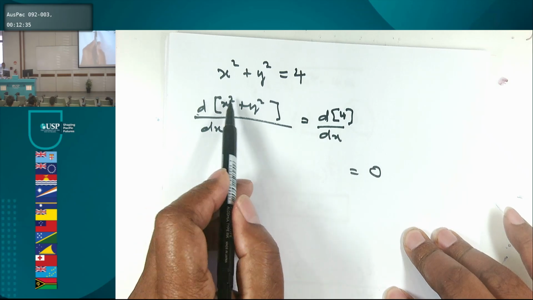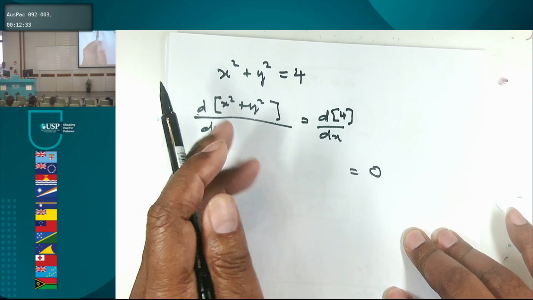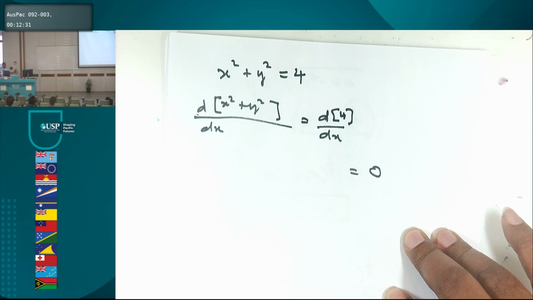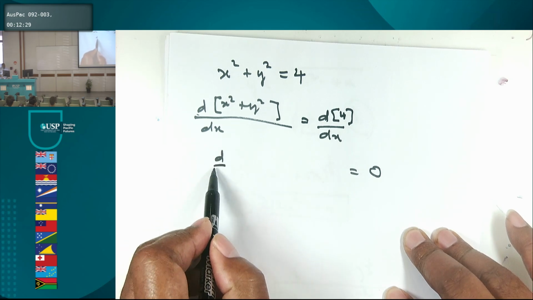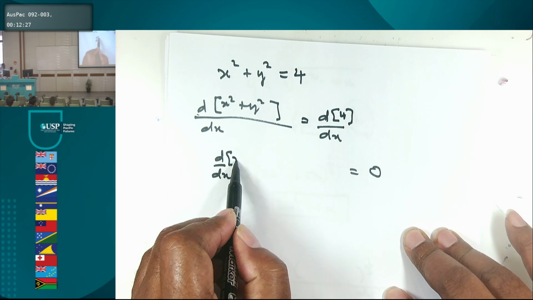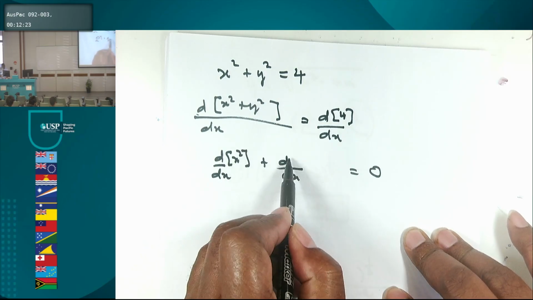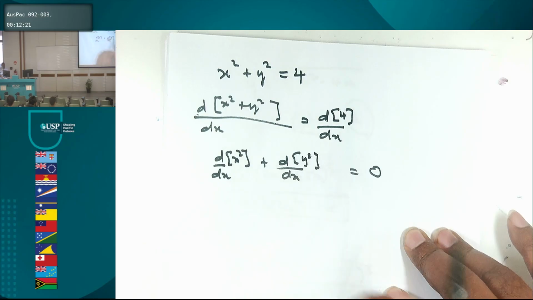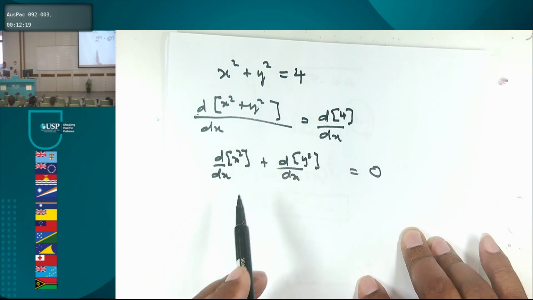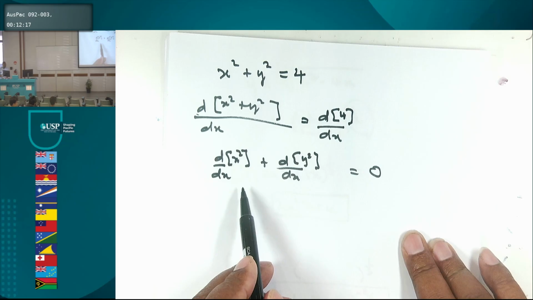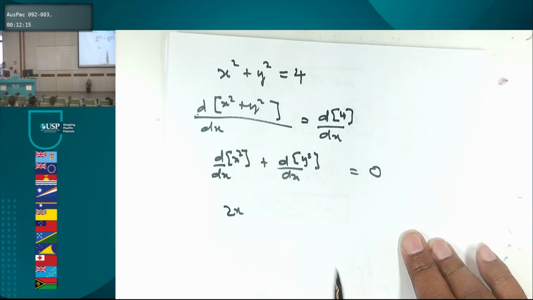Now I'm going to differentiate, because they are added, I can differentiate them separately. So I'll differentiate x squared plus, what's the derivative of x squared? 2x, yay.